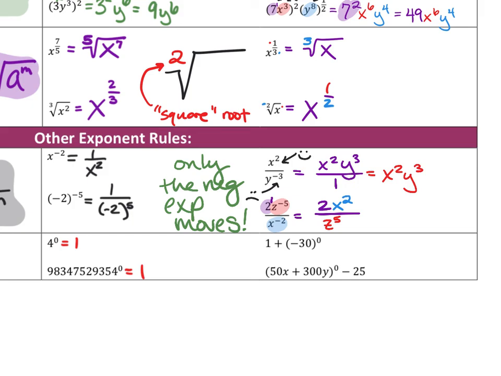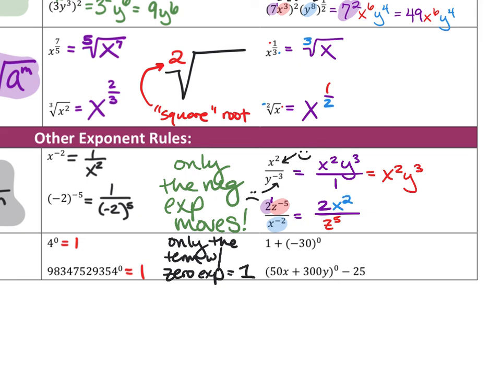And last but not least, our favorite and most simple exponent rule is the 0 exponent property. Now we said 4 to the 0 power is 1 and that 98 billion number to the 0 power is 1. Notice that only the term with a 0 exponent is equal to 1.